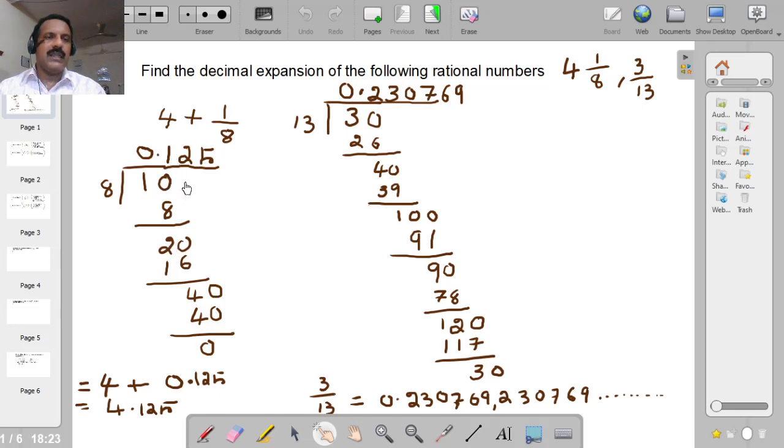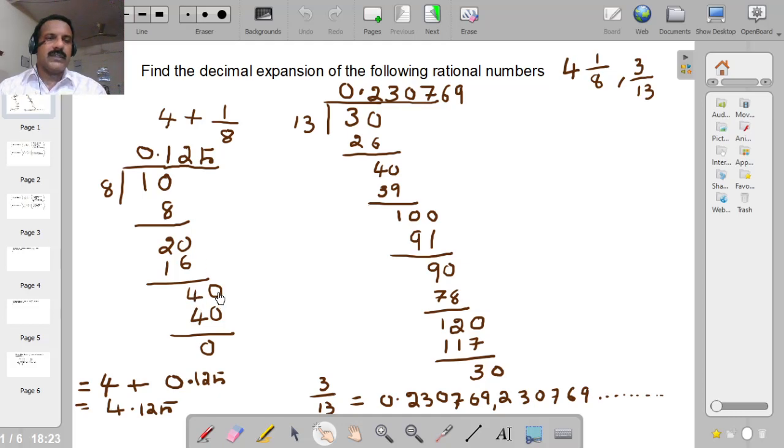And we will be writing a 0 here, making it 20. Then we can take 2 8s from 20, and in the result column we will be writing 2. 2 times 8 is 16, and the remainder is 4.